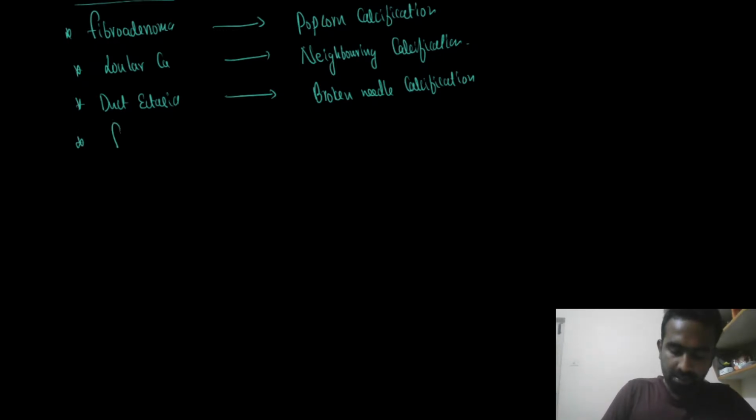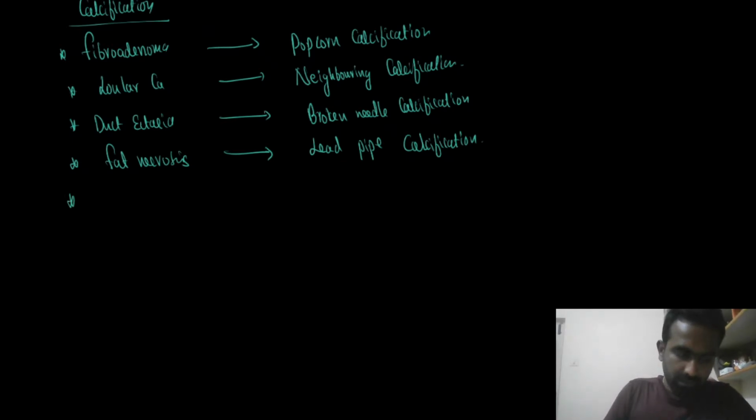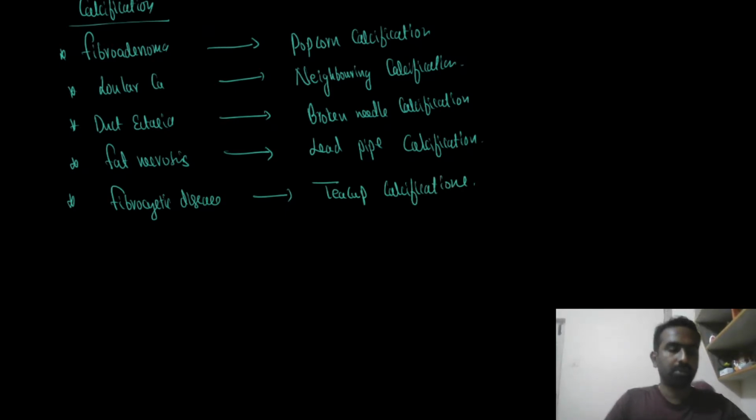If it is fat necrosis, lead pipe calcification. In fibrocystic disease, we can see teacup calcification. So this is about the calcifications in different mammograms.